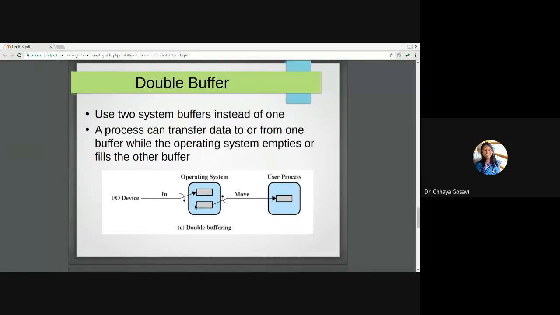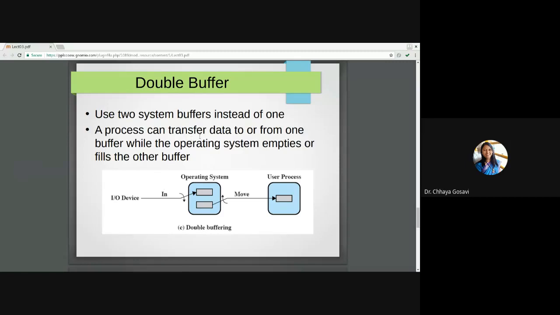So currently this data is already there in the operating system. In advance, operating system read this data from IO device, and when user process requests it, this data is moved to the user process. At the same time, operating system will read the data from IO device into this second buffer. Now when user process needs the second buffer, it will read from this second buffer, and the first buffer, which is now empty, will get new data from IO device.